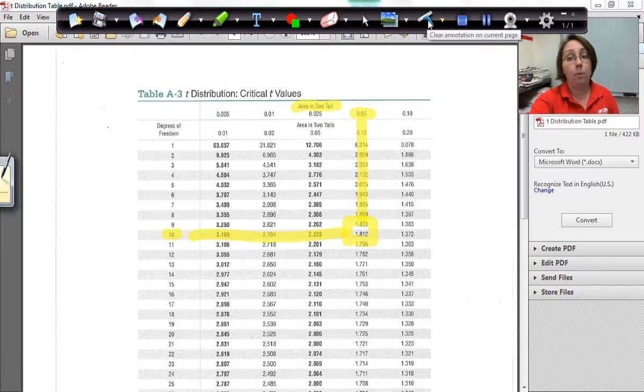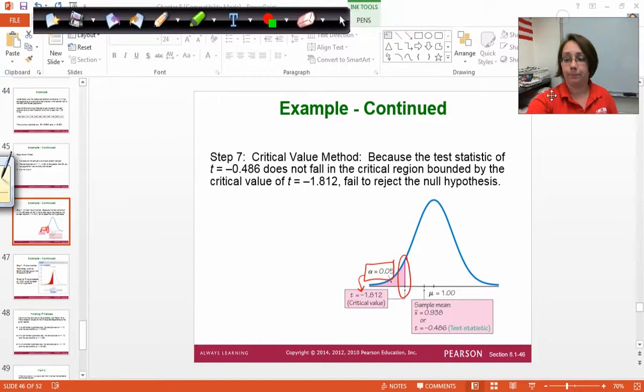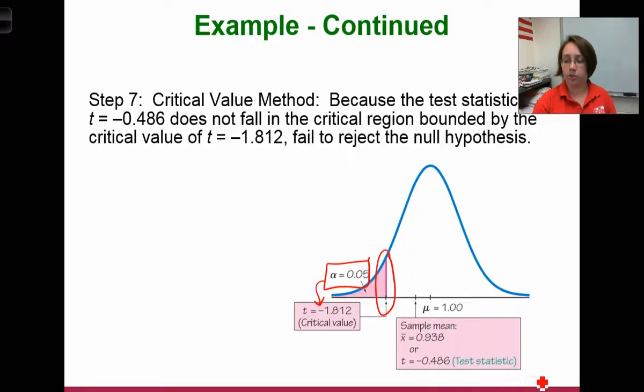However, t-scores are always given to you in the positive form. Remember that our problem is a left-tailed test, so we need the negative value. So if you look back over here at our picture, notice they put the negative sign on the t-score that I just showed you how to get. So you now have your t-score, your critical value. You also have your test statistic.